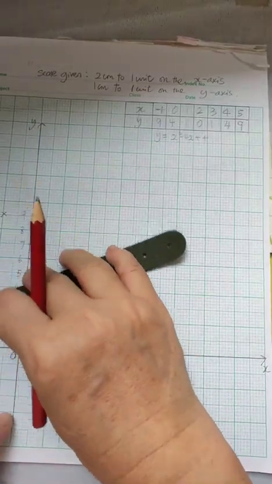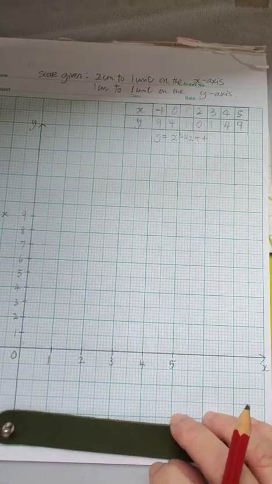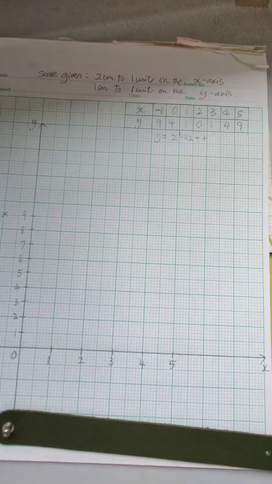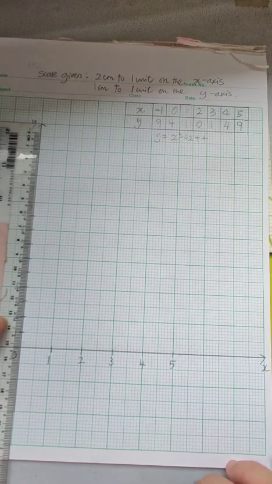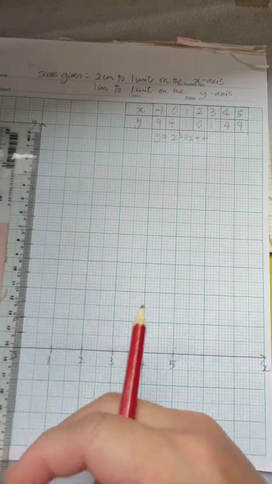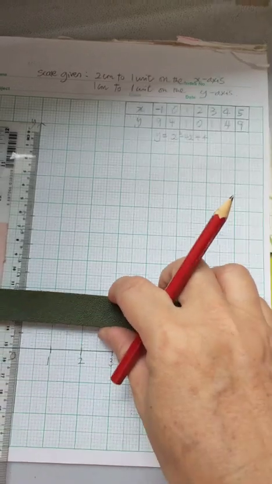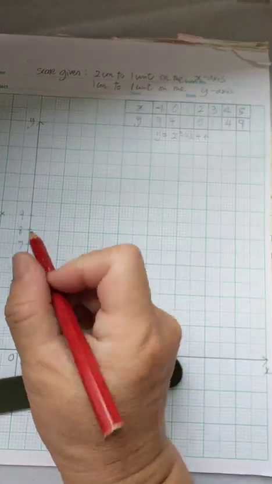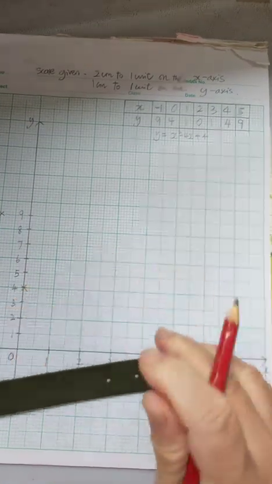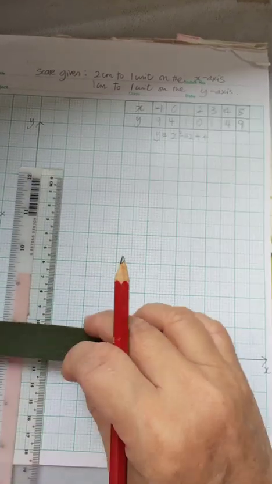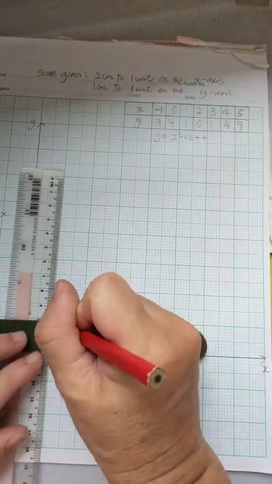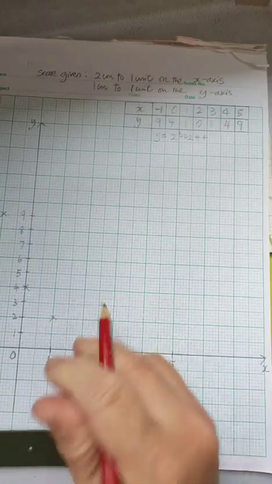Okay, so the next point is (0, 4). So 0 means x equals 0, which is this line here. 4 means your y coordinate equals 4, so it's here. Right, so this is the point (0, 4). Then go on to (1, 1): x coordinate 1, y coordinate 1, that is the point.